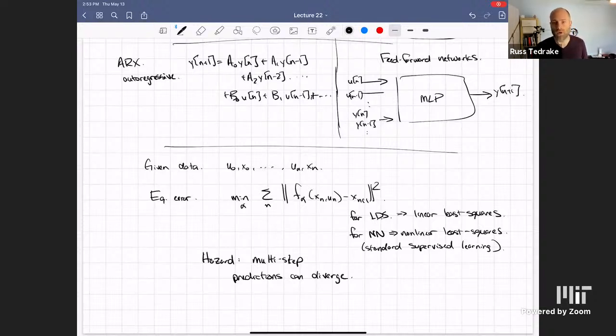But since you can't really do that with the neural network case, we don't have the same tools for writing constraints that the neural network would describe a stable system. People are working on that problem, but in general, I think we say we can't do that yet. That means that this hazard is even more relevant for neural networks.